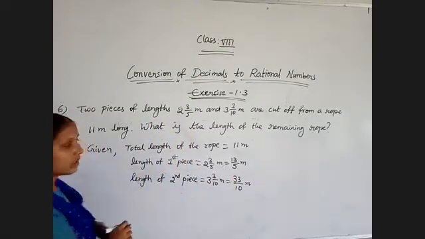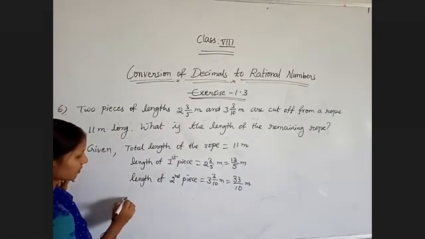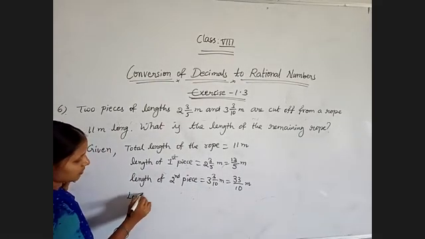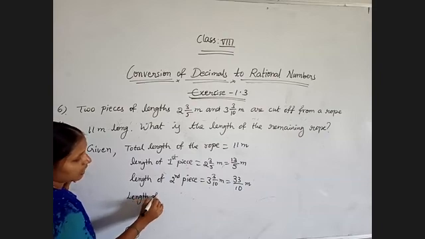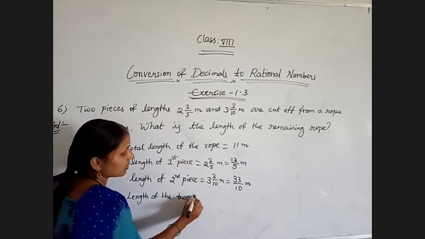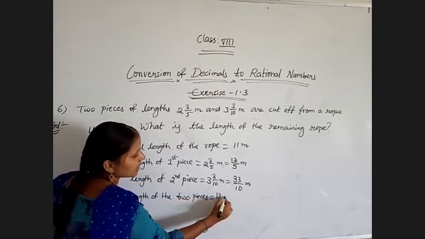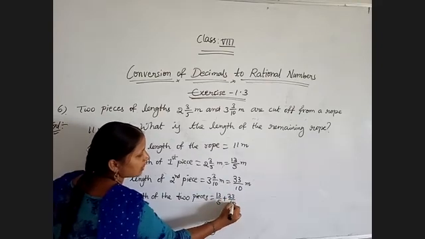Now the total length of the first and second pieces, length of the two pieces, is equal to 13 by 5 plus 33 by 10 meters.